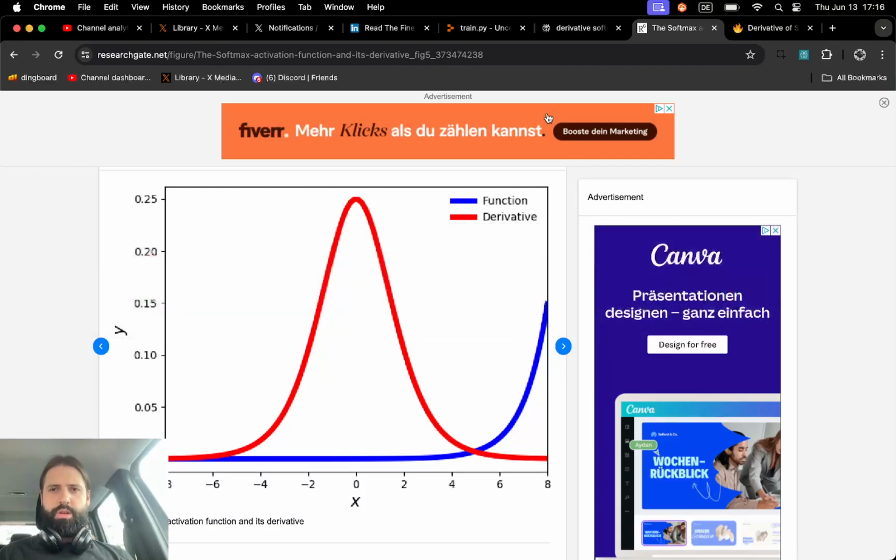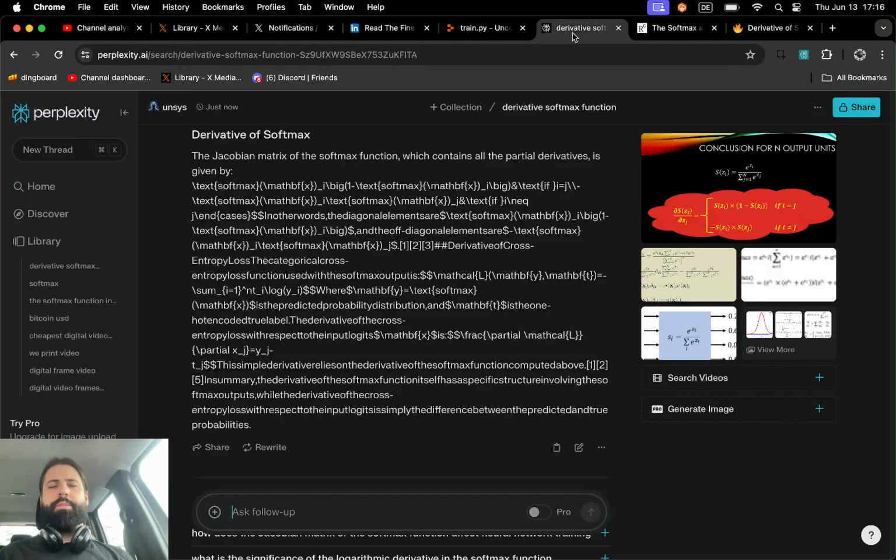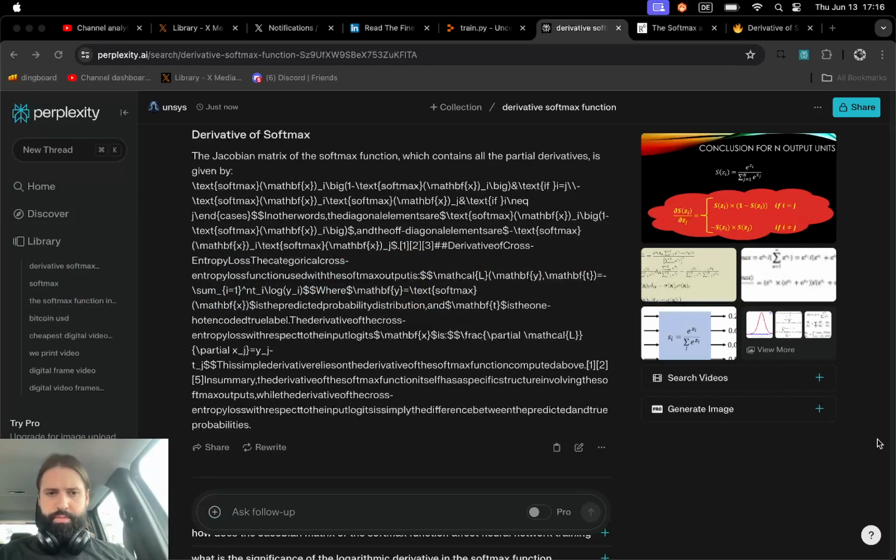I'm having problems interpreting this because the softmax is quite a funny function, right? Give me a second, guys. It's a function that depends on its own input distribution.